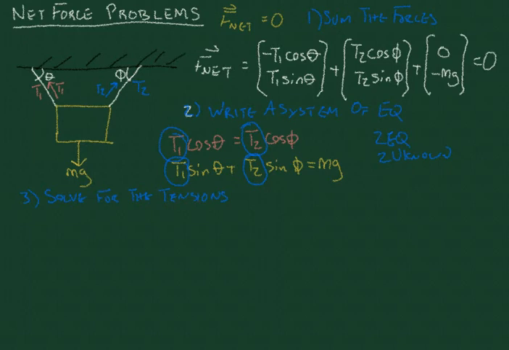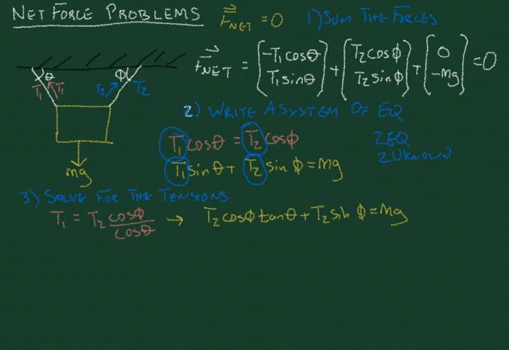So we do that, and so we say that T1 is equal to T2 times cosine phi over cosine theta. And this tells us that, using the second equation now, T2 times cosine phi, and then a sine theta and a 1 over cosine theta is a tan theta, plus T2 sine phi is equal to mg.